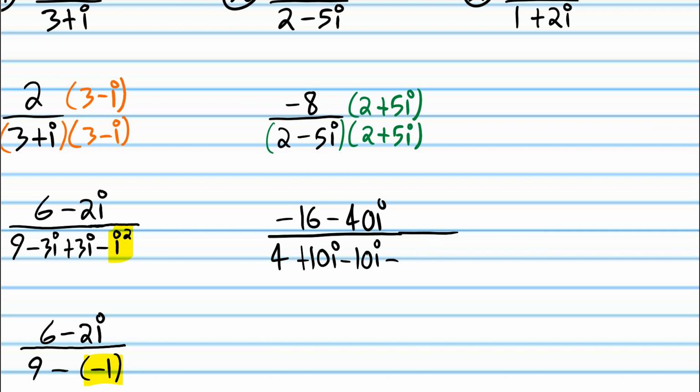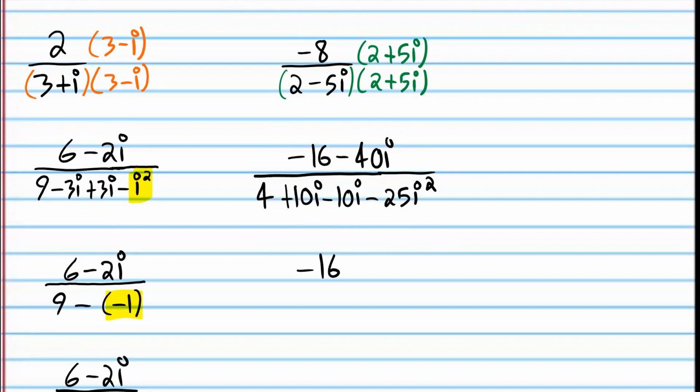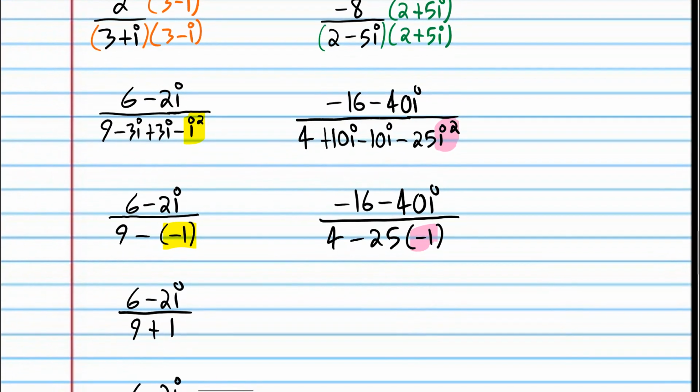I'm going to write that a little better. Negative 25i squared. Let's continue. We have these inner terms cancel out, so we have 4 minus 25 times i squared, but i squared is negative 1. So that changed to negative 1.